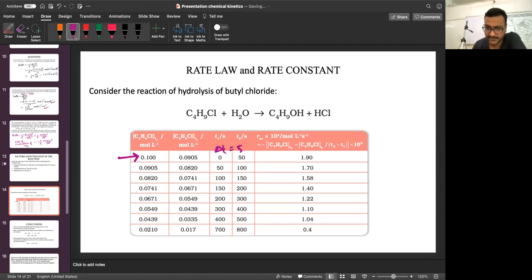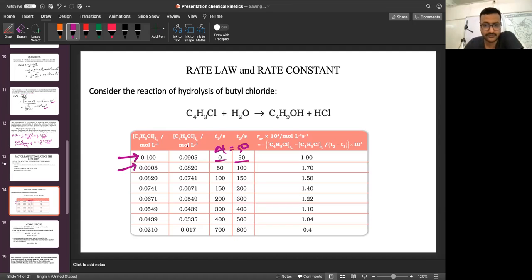Delta T is 50 seconds. See, initial time is 0 and final time is 50. We have taken the interval of 50 seconds. On solving this, we find that the rate of the reaction, specifically the average rate of the reaction, is 1.90. After 50 seconds, somehow we measured the concentration of the butyl chloride, and it came out to be 0.09.